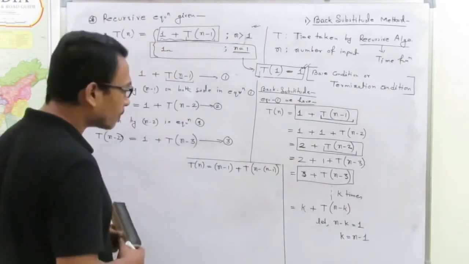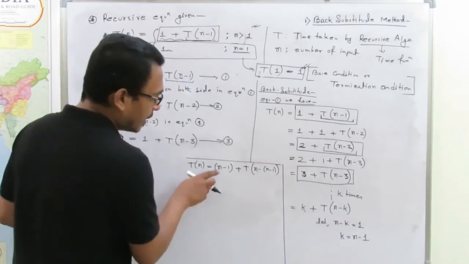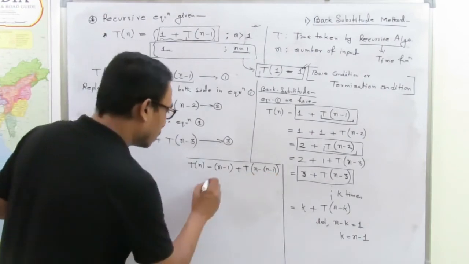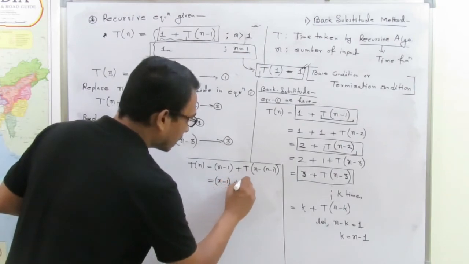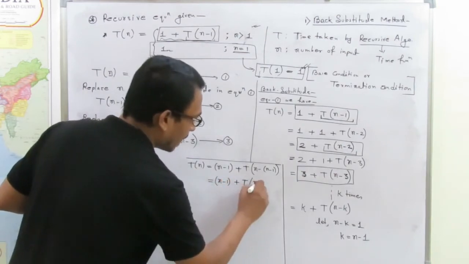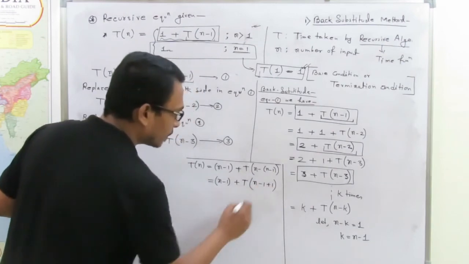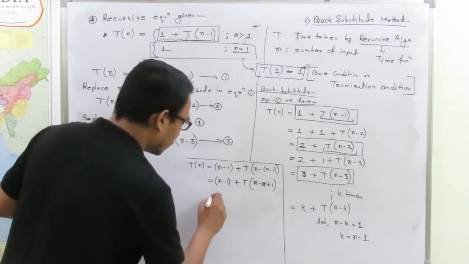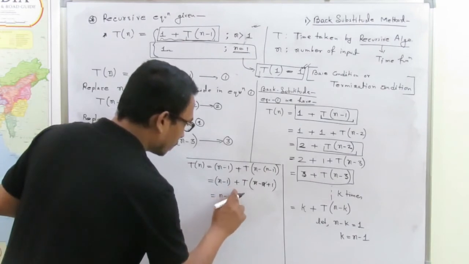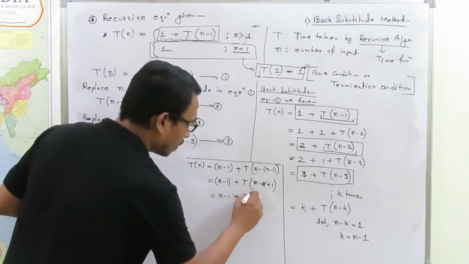So what do we get? We get n minus 1 plus t of n minus n plus 1. That means this n is gone. So we are left with n minus 1 plus t of 1.